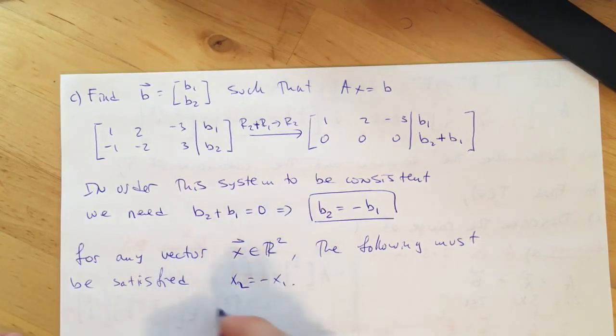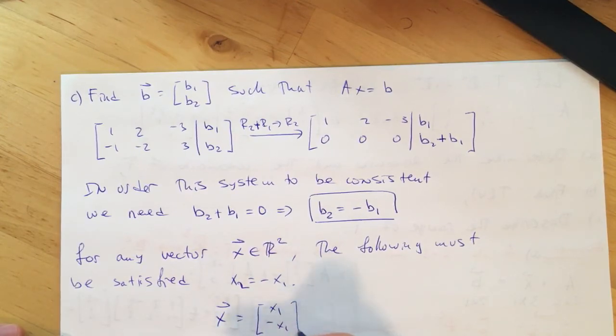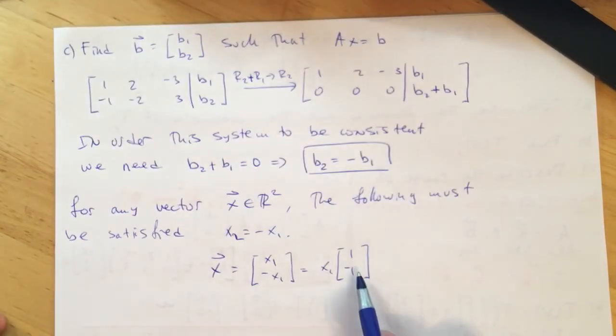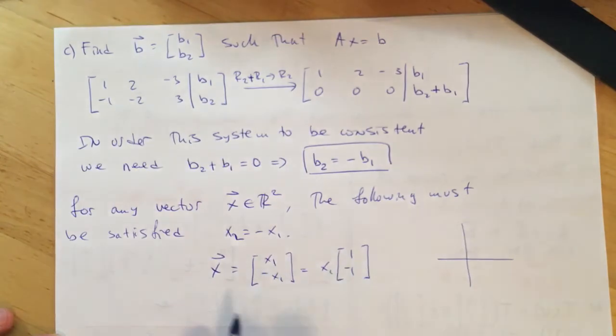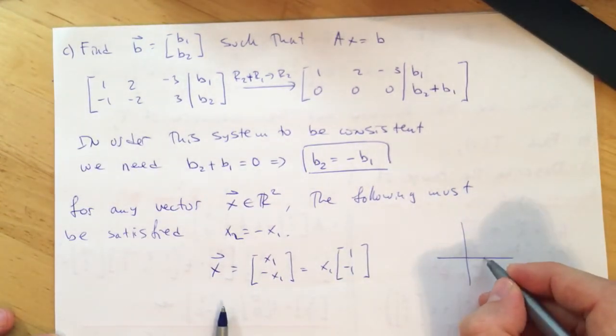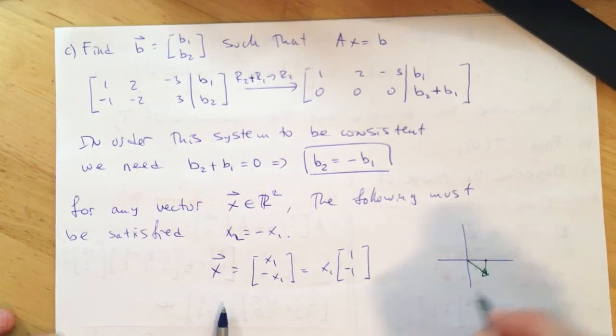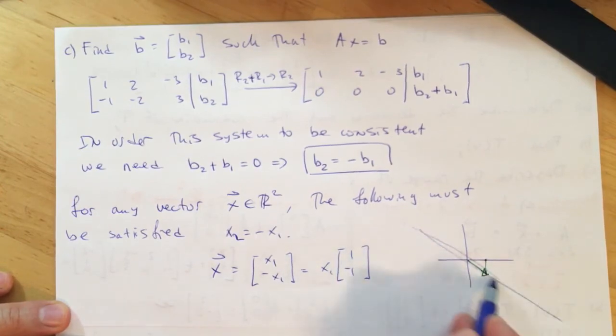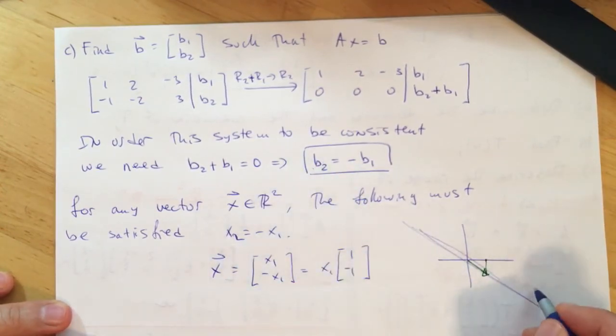That means that any vector in the image of this transformation is simply x1, negative x1, which is x1 times (1, negative 1), which is nothing else but the line spanned by the vector (1, negative 1). And what is the line spanned by this vector? Sorry, that's the line y is equal to negative x.